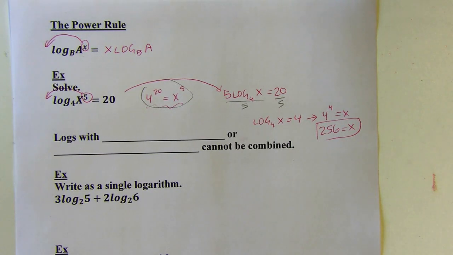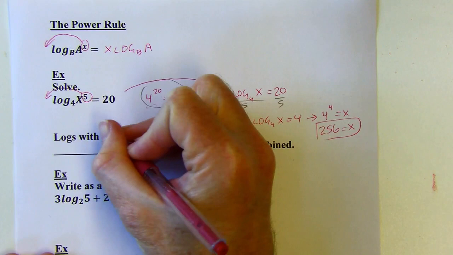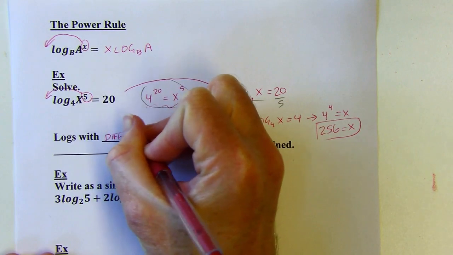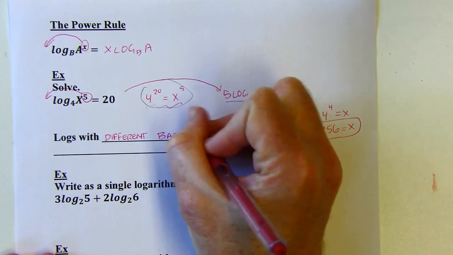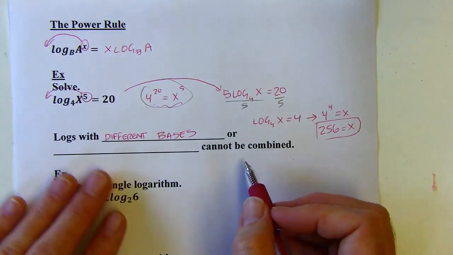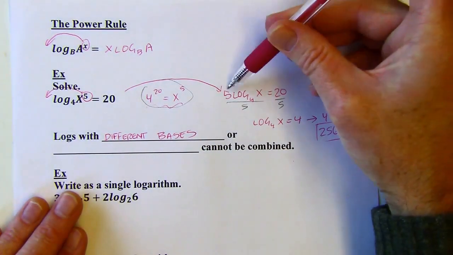Logs with different bases cannot be combined, but also if logs have coefficients, like this log has a coefficient.